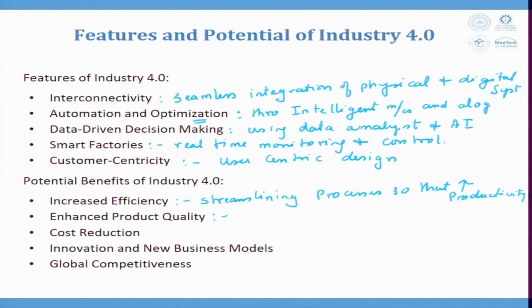So, enhance product quality, it tries to have better traceability. Then cost reduction, innovation and new business models, all these things can happen because of co-collaboration, resource sharing, all those things. So, cost reduction, innovation and new business model, and global competitiveness. So, all these things are benefits of industry 4.0 in the use.